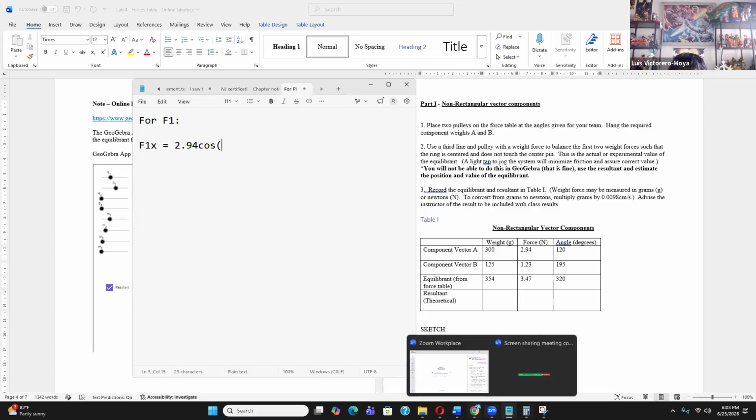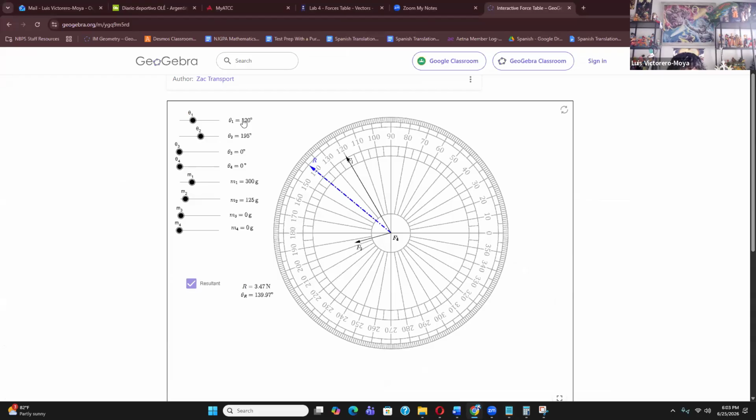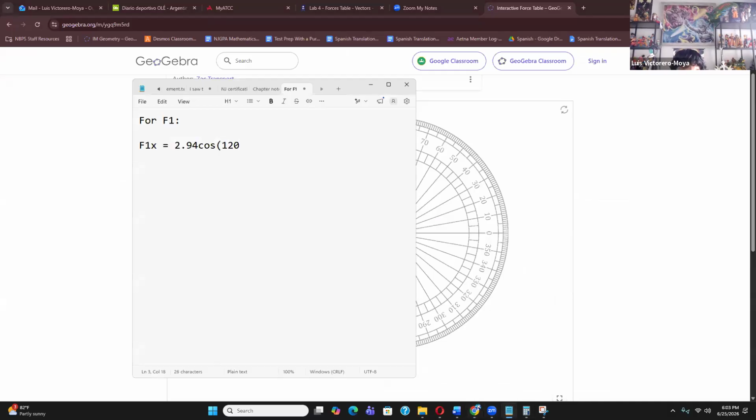So that would be the cosine of 120. You can just use that. It's fine. And F1Y will be 2.94 times sine of 120.